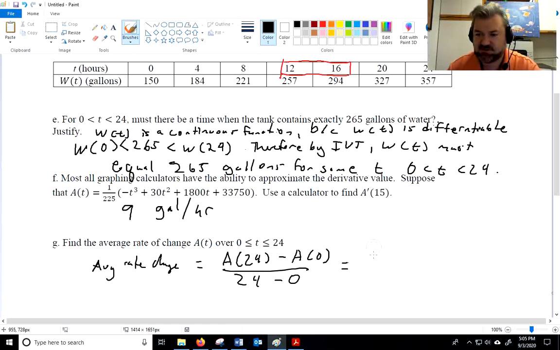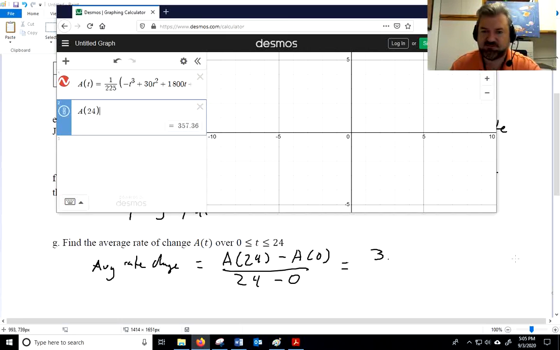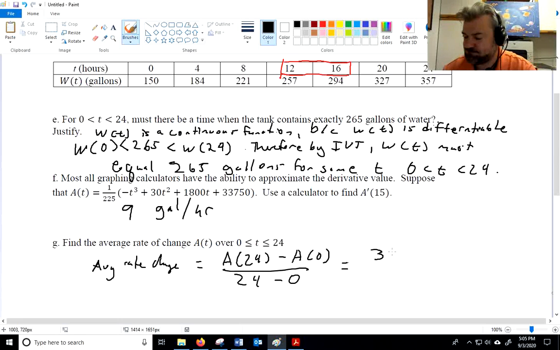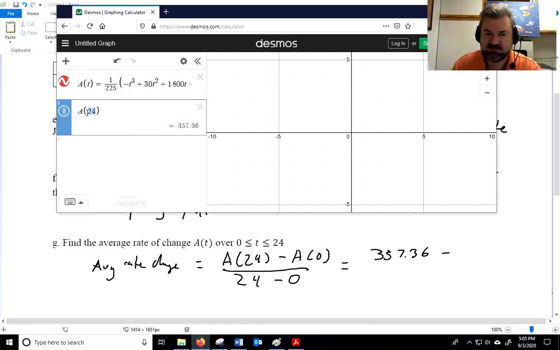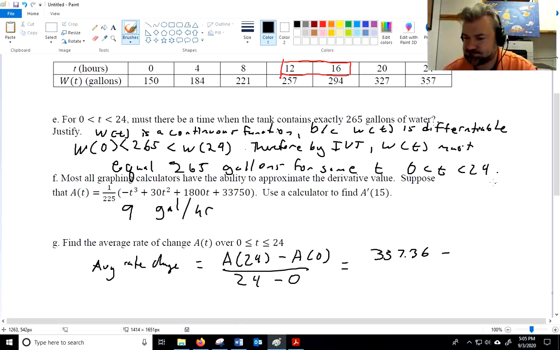So I've got 357.36 minus, I need what? A of 0 is 150, all over 24 minus 0.